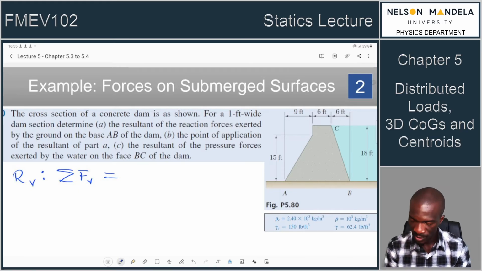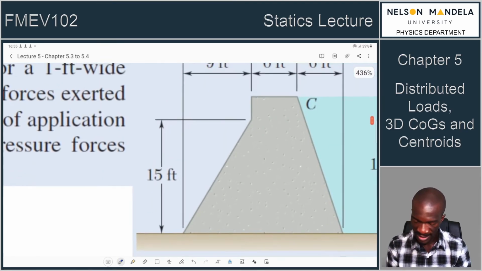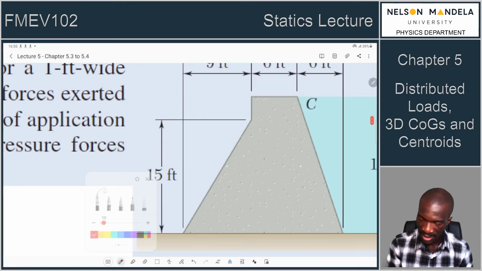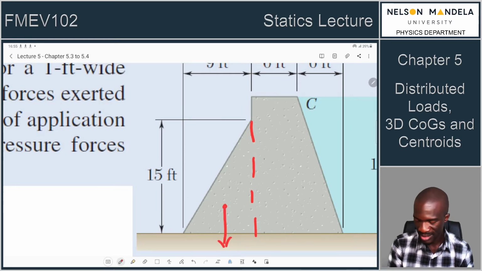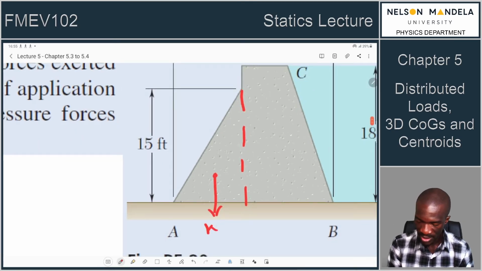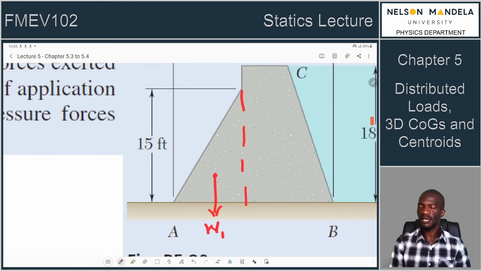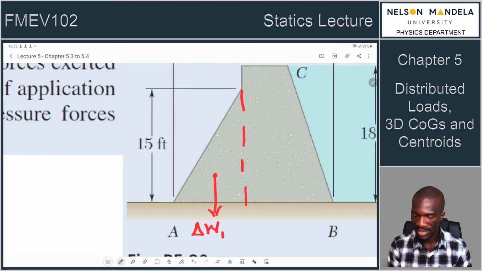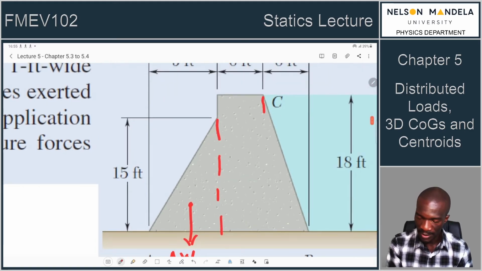So let's look at the separate sections that make up this material. We can divide this concrete into sections with weights. Let's call the weight of the first section delta weight 1. Then we have the second section, which has some weight.